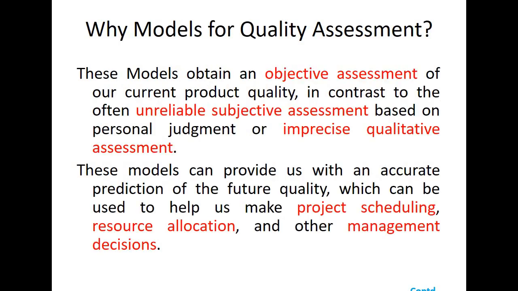In these models we obtain quality assessments of the current product, in contrast to the often unreliable subjective assessment based on personal judgment or imprecise quality assessment. Many times what we say is based on subjective assessment done on the basis of personal judgment.